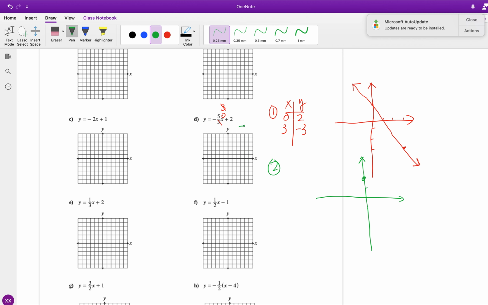So that means rise is down 5: 1, 2, 3, 4, 5. And then the run is right 1, 2, 3. So right here. So then this is my line. See? These two lines are completely the same line.